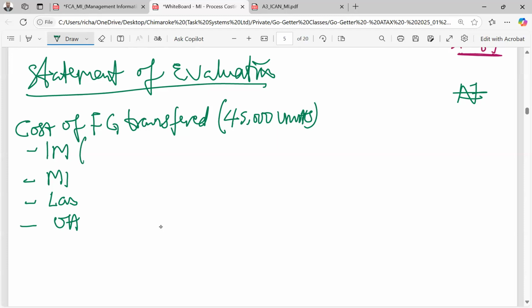Now remember, this is 45,000. There's no equivalent unit because it is transferred. 45,000 finished goods.